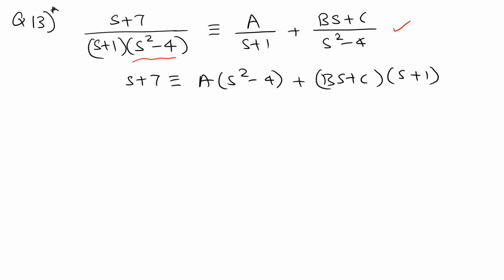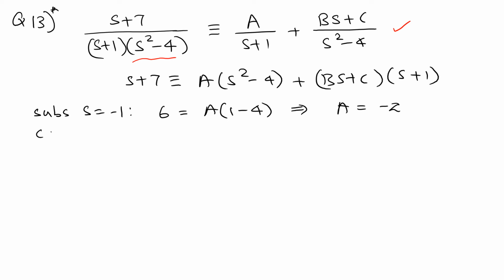We go with substitution as much as we can. We substitute s equals -1. When you do that, you get 6 equals A times (1 minus 4), so A is 6 divided by -3, which is -2. Now we go with the coefficient technique.